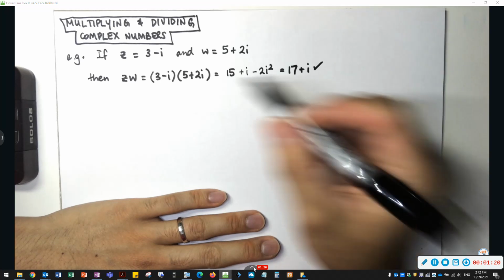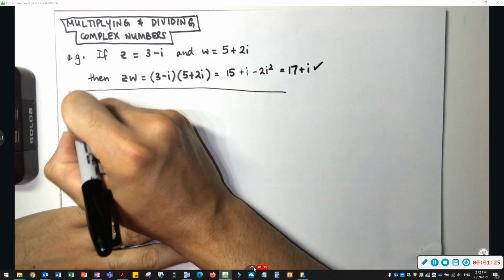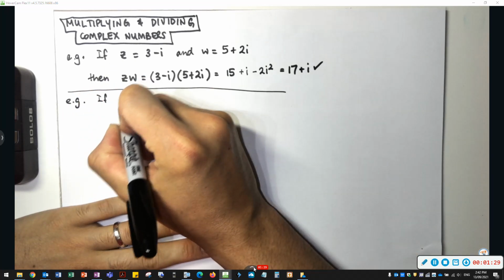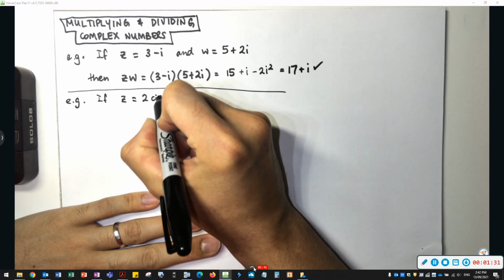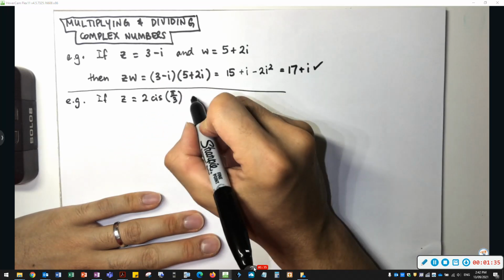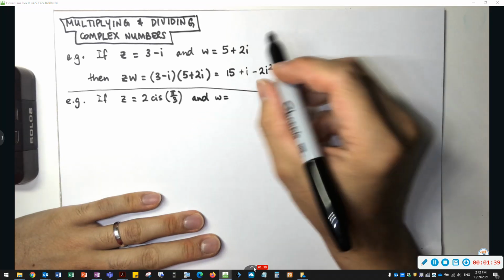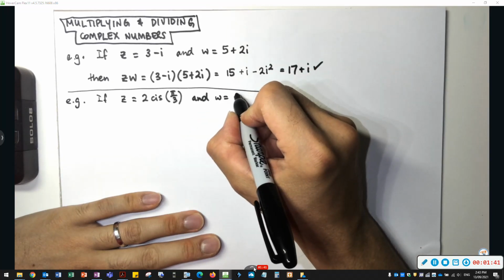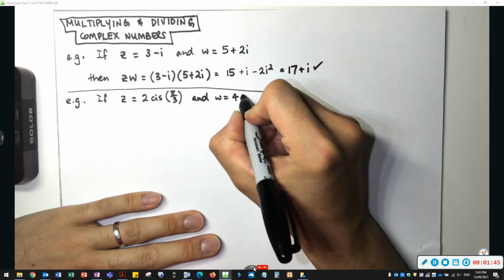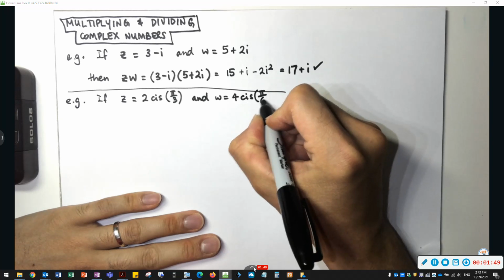Now, if they were in polar form, you're going to have a problem. So if you have z equals 2 cis pi on 3, and we're going to use radians here, as they normally will be given, w equals 4 cis pi on 6.